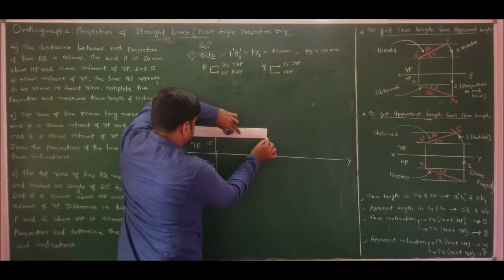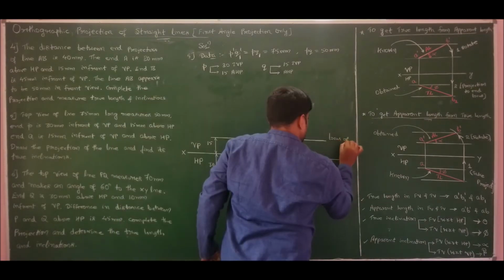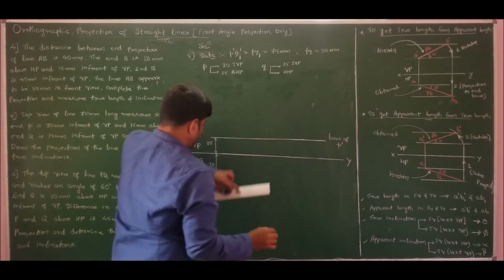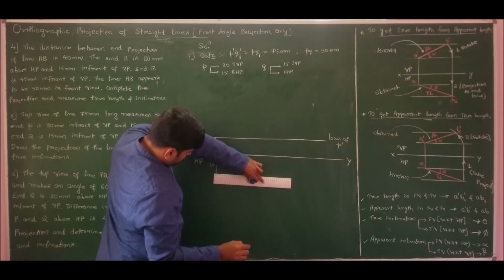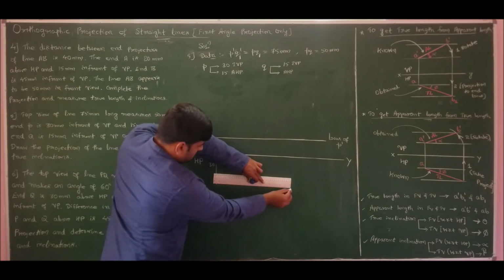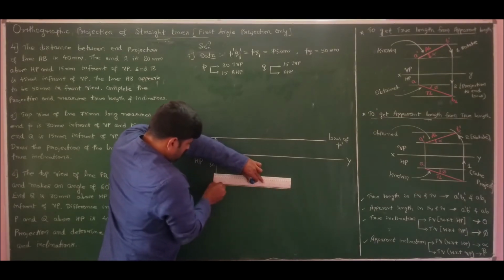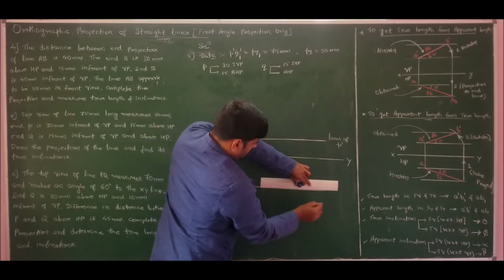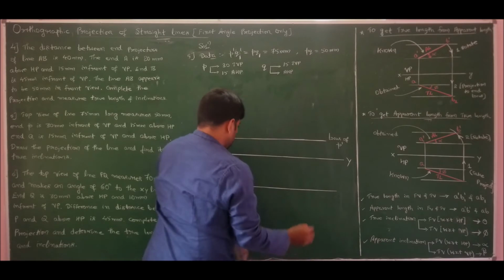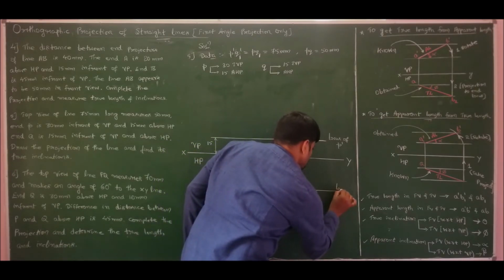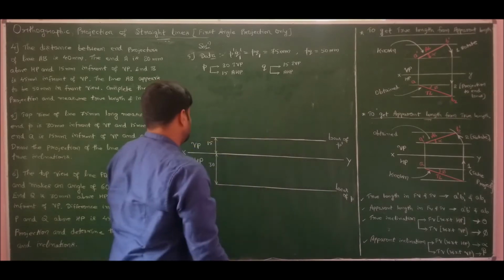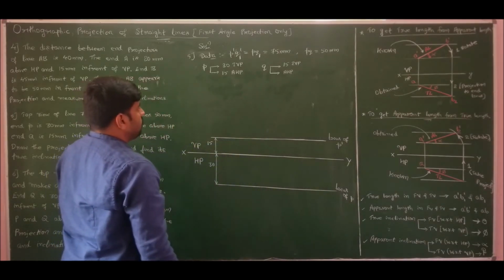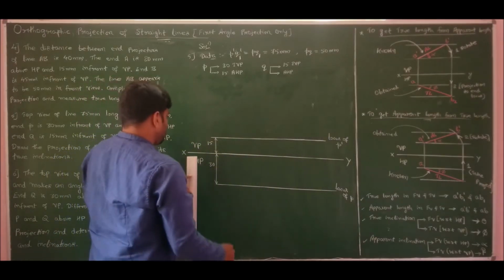So fix the locus of P dash, and here we'll get locus of P. Q is 15 mm in front of VP.